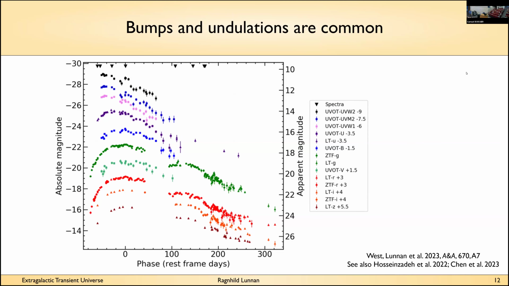And in general, one thing we are learning is that once you have better data, these light curves are generally not all that smooth. Some have rebrightenings, many have these bumps or shallow undulations on top of the main light curve.